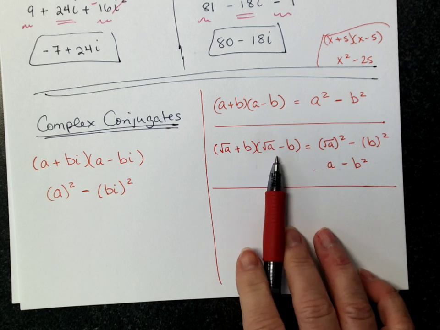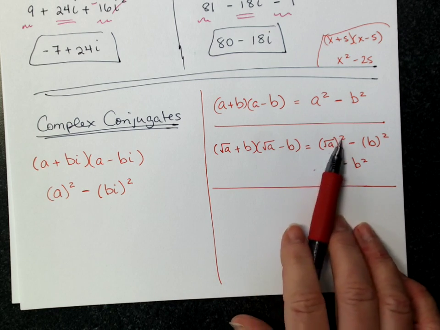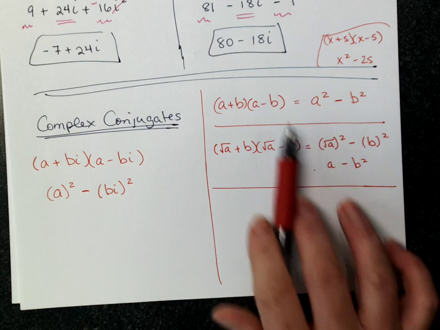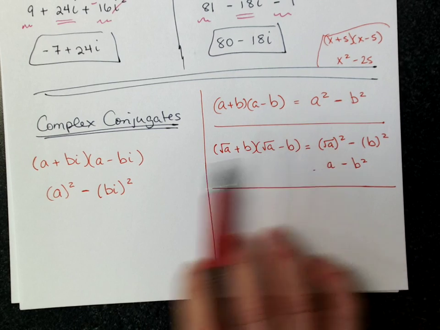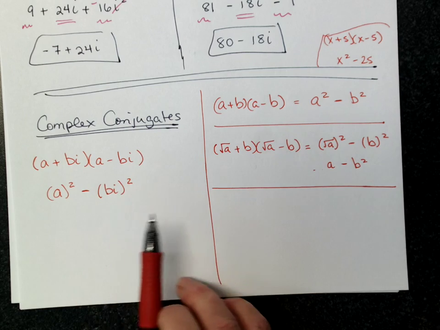Now, if radicals are involved, then the nature of radicals is that squaring a radical just releases the radicand. Okay? So, same pattern, but you have to understand how radicals behave. Here, same pattern, but you have to understand how i's behave.